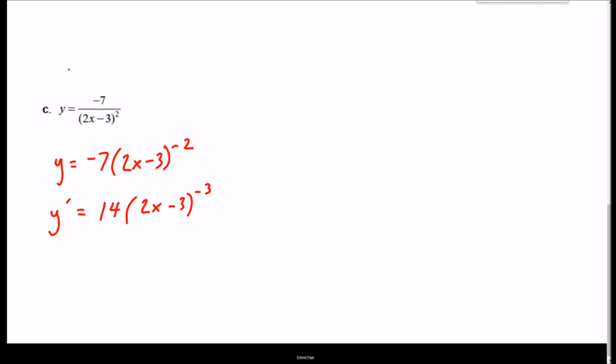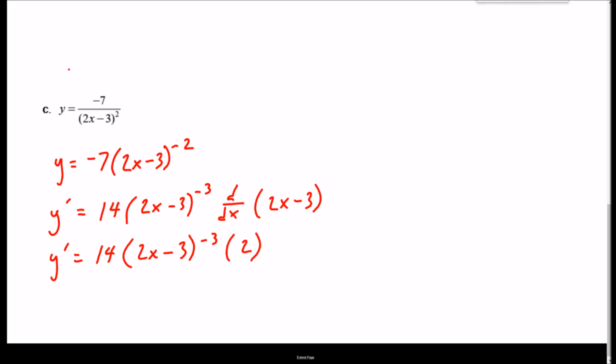That is the power rule: multiply down, decrease the power. But since the inner function is something other than x, we have to multiply by the derivative of the inner function, the derivative of 2x minus 3. So the final answer is y prime equals 14 times 2x minus 3 to the negative 3 times the derivative of 2x minus 3, which is 2.